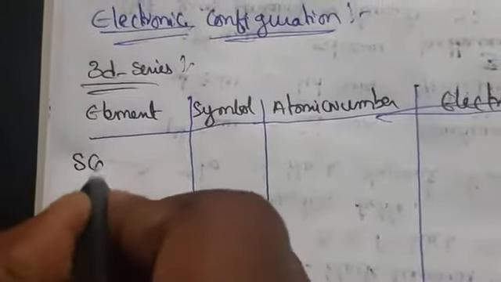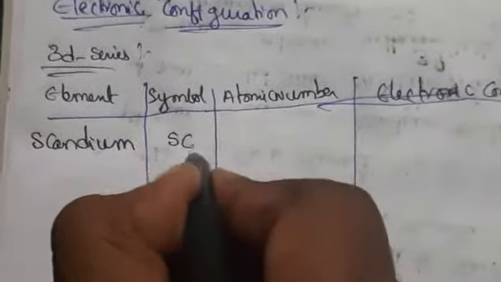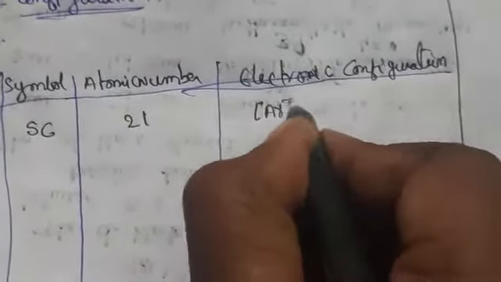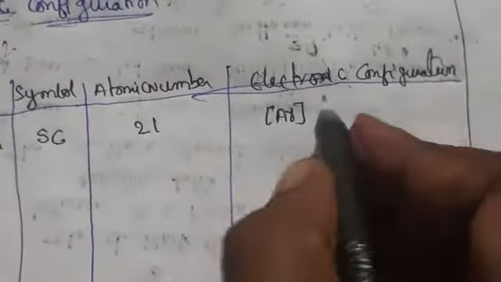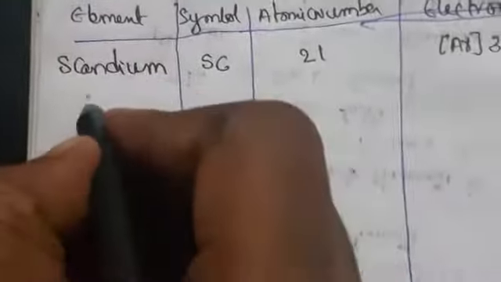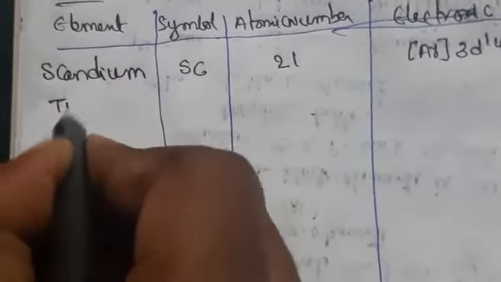What is the first element here? Scandium. Scandium has symbol Sc. The atomic number is 21. We write the noble gas element as argon, because it consists of 18, then 3d1 4s2. Next after scandium, titanium.